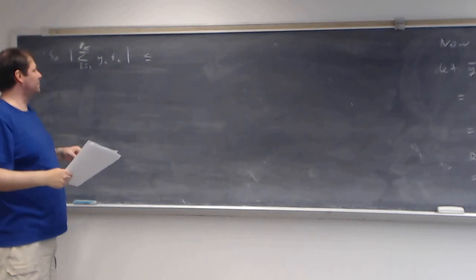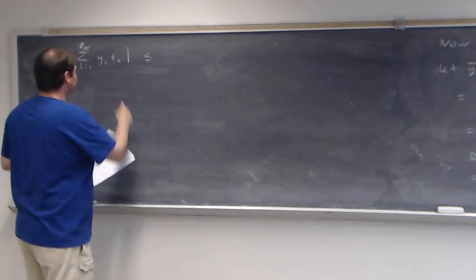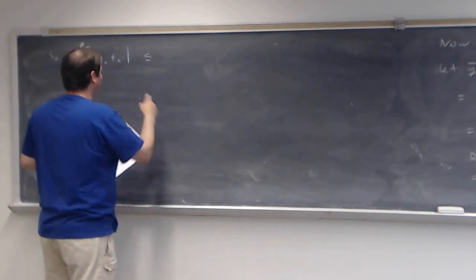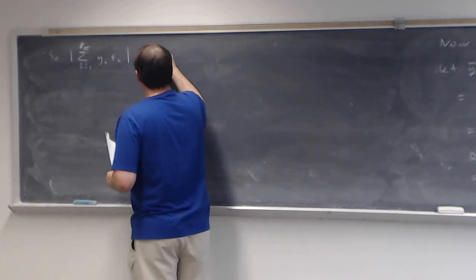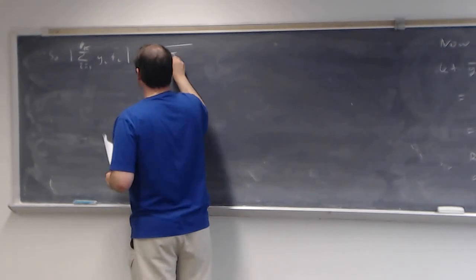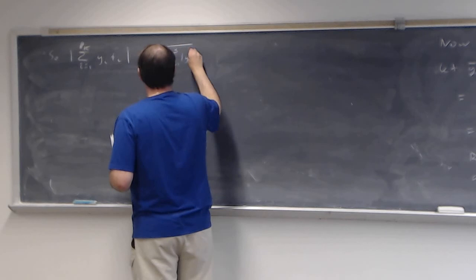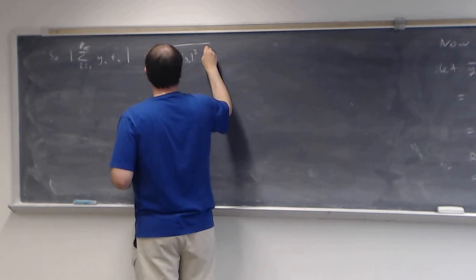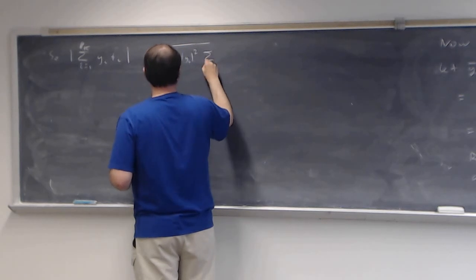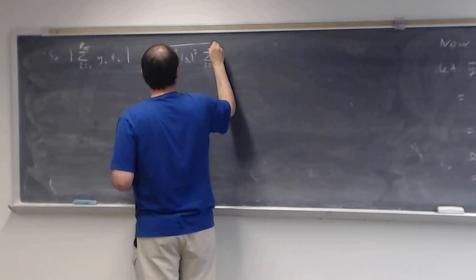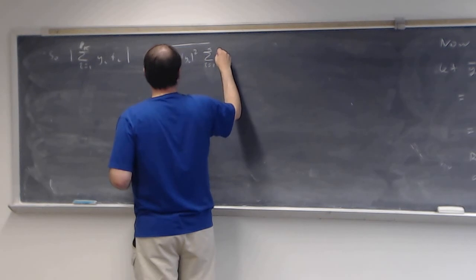Okay? Where these are real valued functions. So here we don't have to have the conjugate, or the conjugate is itself. And so it's going to be less than or equal to the square root of this sum of the y i's squared times the sum of the f sub i's.